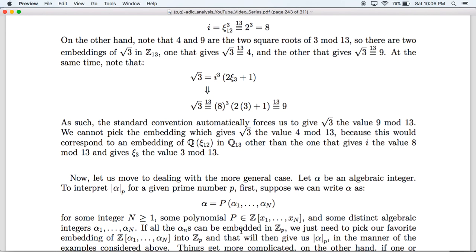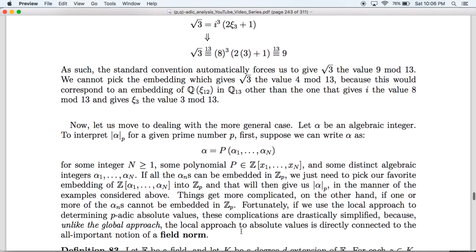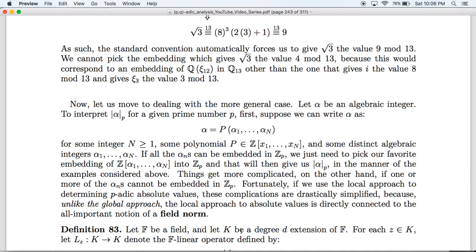So now we're going to move to the more general case. Let alpha be an algebraic integer. To interpret the p-adic absolute value of alpha for a given prime p, first suppose we can write alpha as P of alpha 1 through alpha n for some integer n greater than or equal to 1 and some polynomial P with integer coefficients.